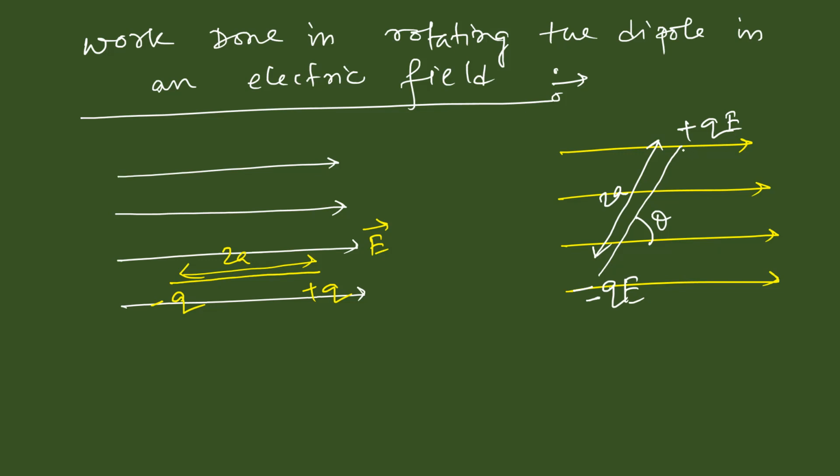The force experienced by the plus charge will be in that direction, and the force experienced by the minus charge will be in the opposite direction. So you can see that the charges are experiencing the force in equal and opposite directions, right? The force is equal and opposite.